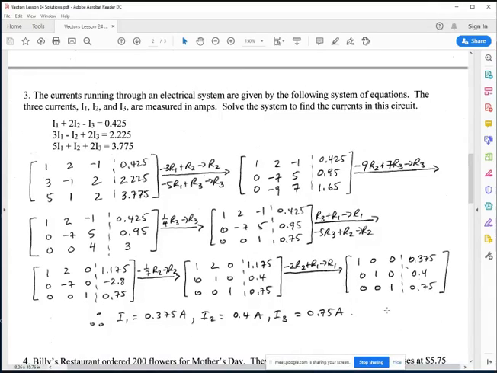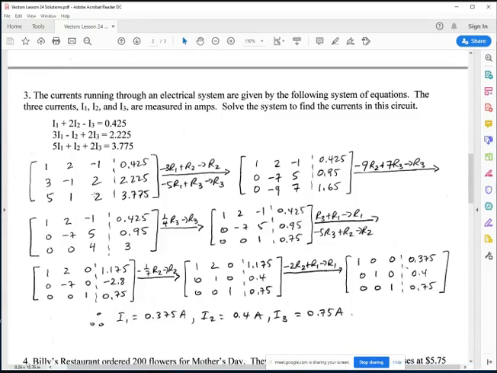And this is, I would say, a pretty simple application of matrices or solving systems of equations in an electricity context. So again, despite the fact that you do have to work with these less than ideal numbers in your right-hand position, the actual 3x3 matrix is again relatively straightforward.